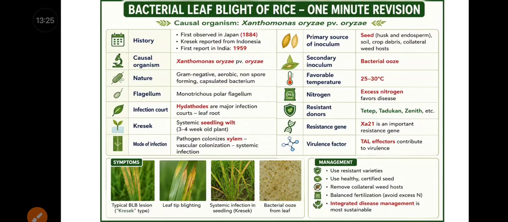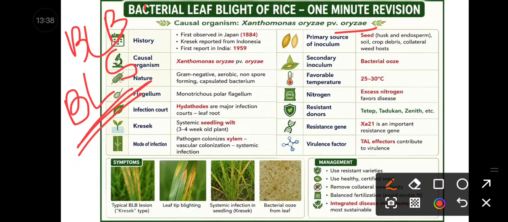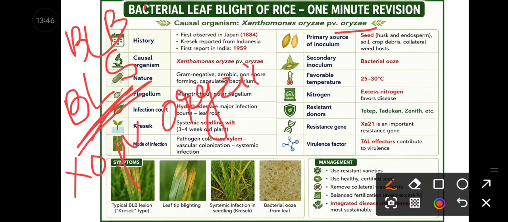Bacterial leaf blight, BLB, is caused by Xanthomonas oryzae pv. oryzae, whereas BLS, bacterial leaf streak, is caused by Xanthomonas oryzae pv. oryzicola. Okay, just a difference in the pathovar. Here it is oryzae, and in case of BLS it is oryzicola.